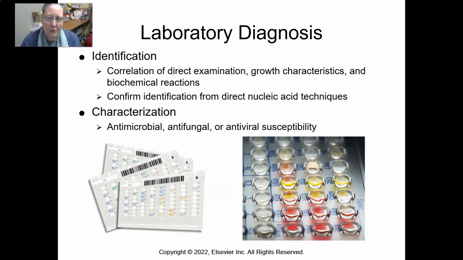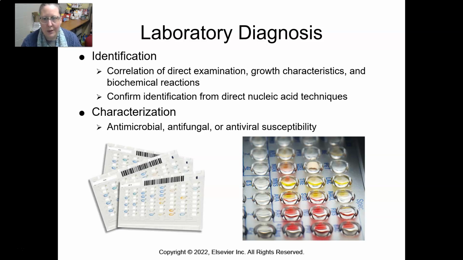And the biochemical reactions, so these are represented here. There are different formats and different brands, but the idea is the bacteria can be identified by the sugars they ferment or the amino acids they use, and these can be used to confirm the identification from nucleic acid techniques like the BioFire.